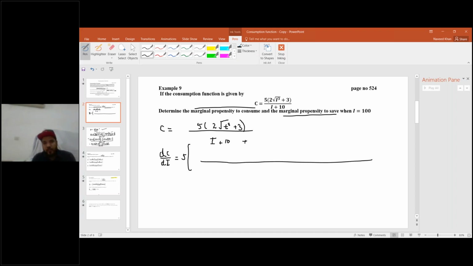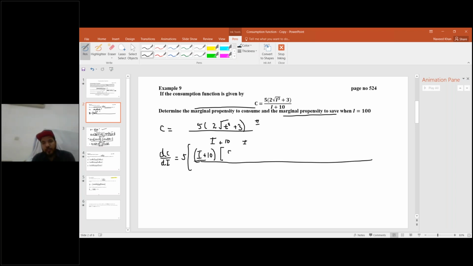The denominator is the first function, and the numerator is the second function. So first function, derivative of the second function.